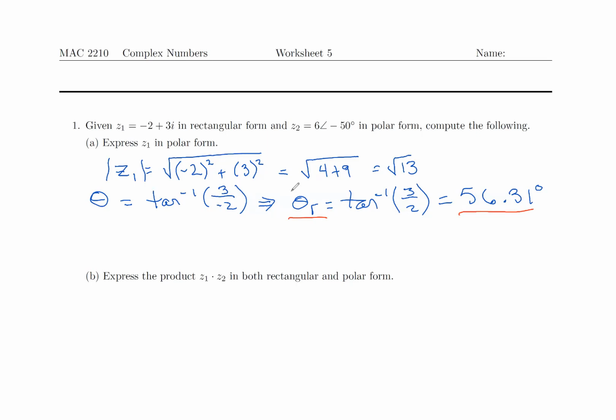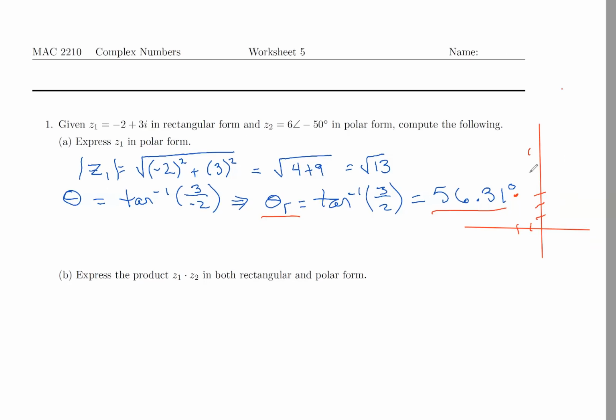If I were to plot that, I need an x and a yi. X is -2, yi is +3. There's my point, and as you can see, that's in quadrant 2.